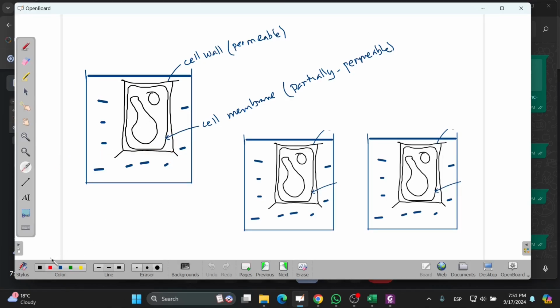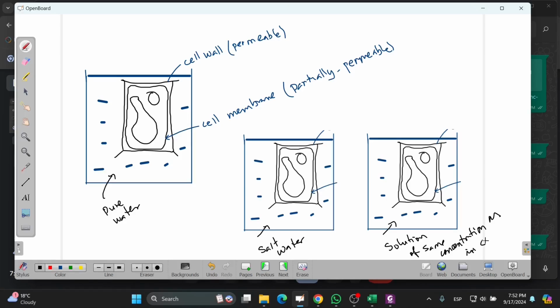So if this is pure water, or distilled water, on this other one, this is salt water, and this is just a solution of same concentration as in the cell. Right? So what will happen?